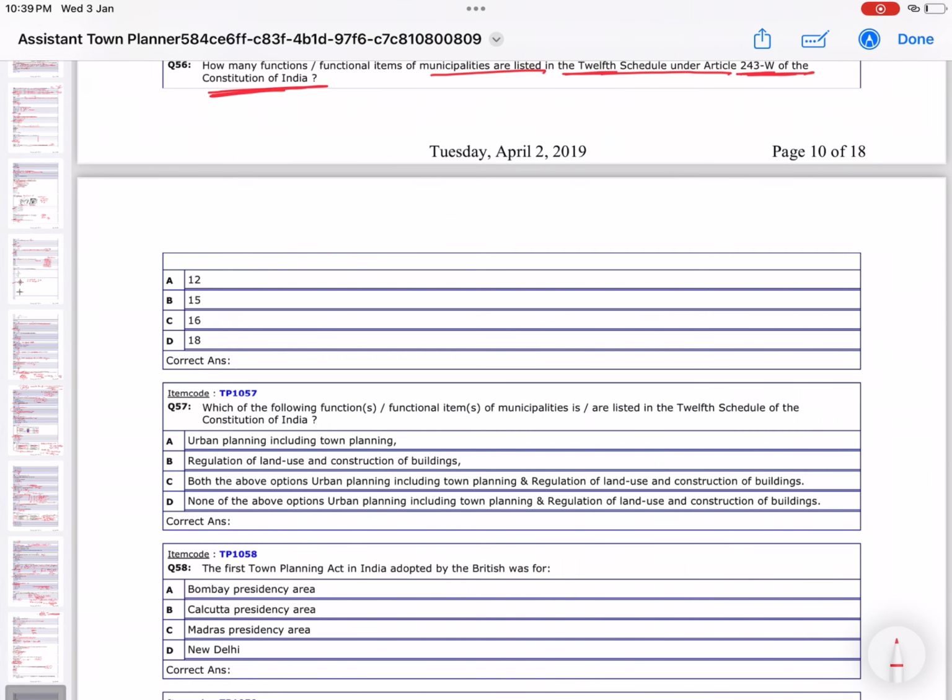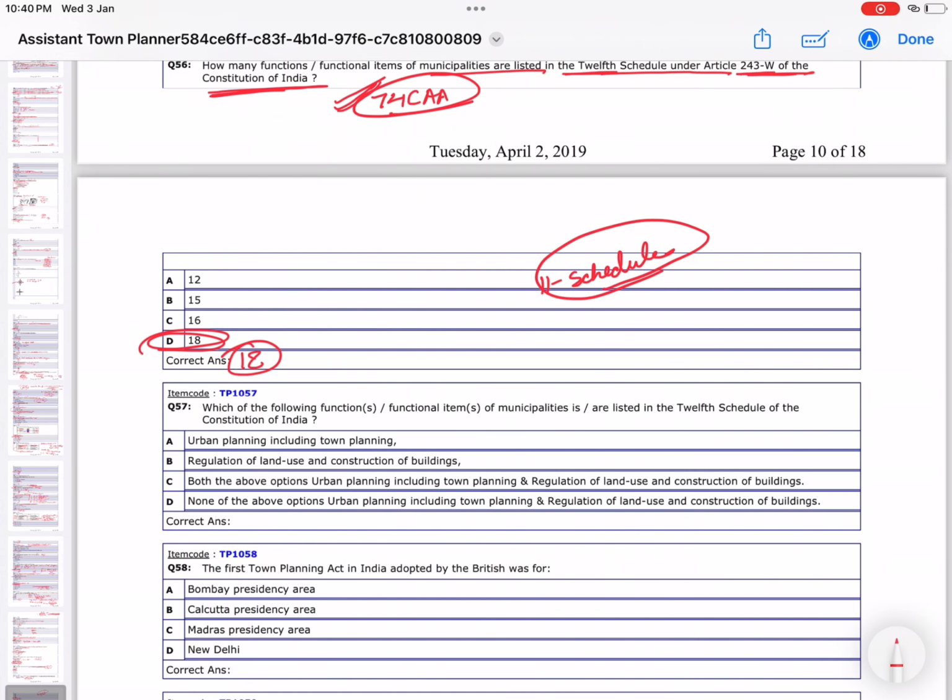So this is again given in the 74th CAA. You remember, you have to read this. This is very important. And they have given 18. Now there is also the 11th Schedule. You also have to read this as well.